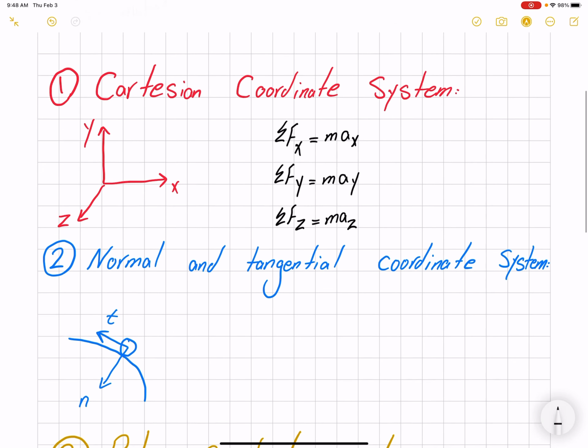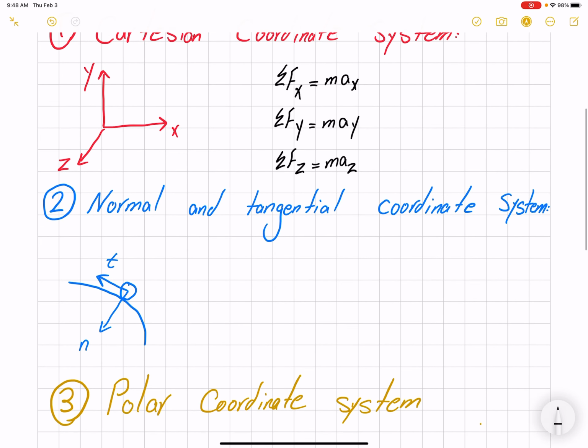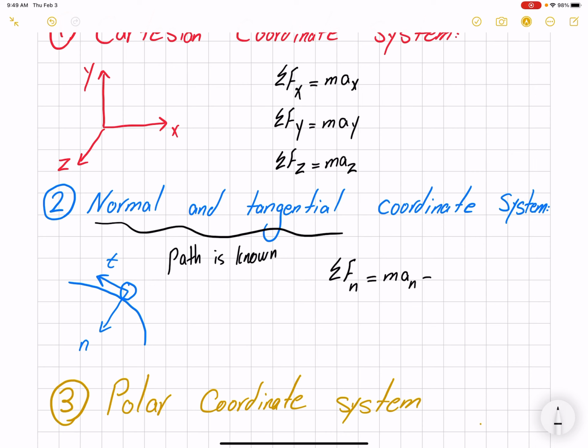The other coordinate system that we deal with is the normal and tangential coordinate system. So the trick for normal and tangential coordinates: if the path is known, then it's best to use the normal and tangential coordinate system. And summation of forces in the normal direction would be m a_n, and a_n would be the velocity squared over the radius of curvature.